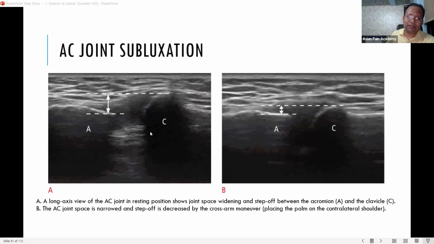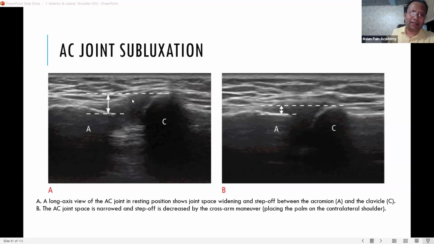In this type of picture, this static picture is not very diagnostic. When you tell the patient to put his hand over the opposite shoulder, you will see the dynamic test like this.